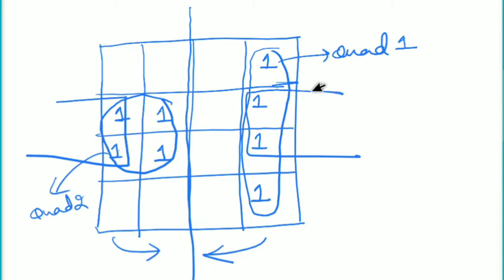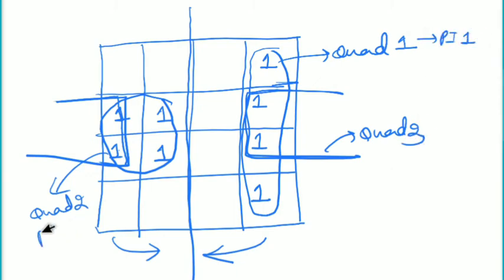I mean this pair and this pair will touch. So these 2 pairs will make a quad, that is quad 3. This is prime implicant 1, this is prime implicant 2 and this is prime implicant 3. But out of these 3 prime implicants, prime implicant 1 and prime implicant 2 are essential to include in the function. This prime implicant 3 is not essential.